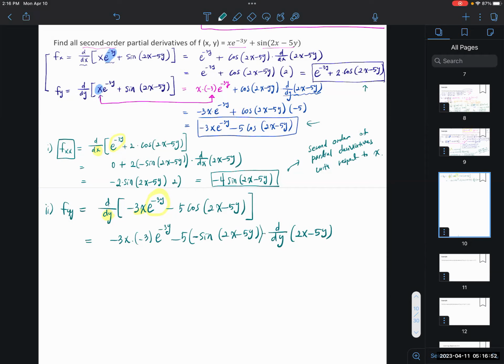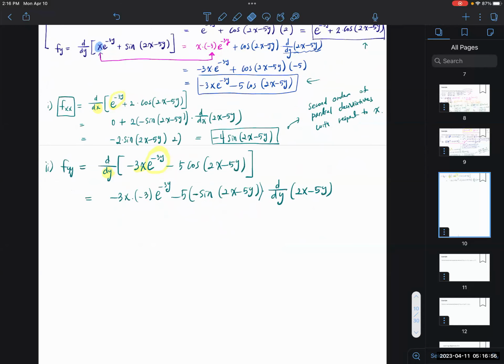Okay, so that's better. There's a dot that means multiplication. There's a high possibility to make a mistake, so you have to really write down all the work step by step. So double negative now changes to positive 9x e to the negative 3y. Double negative again, plus 5 sine 2x minus 5y.